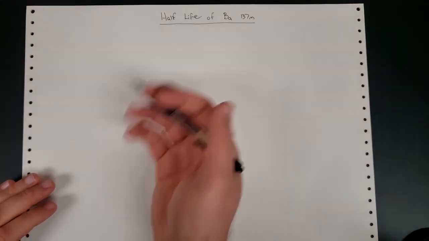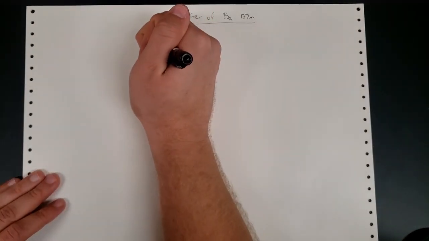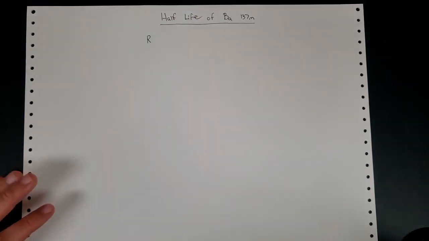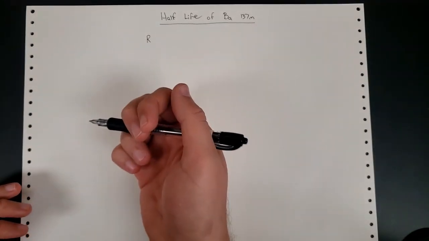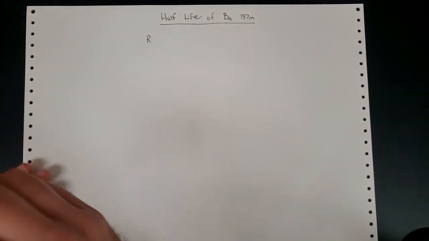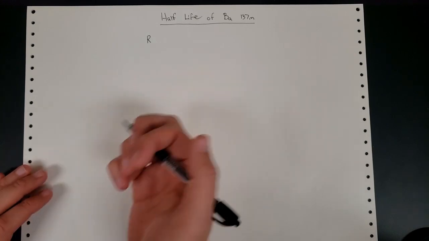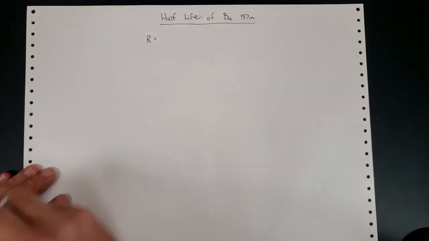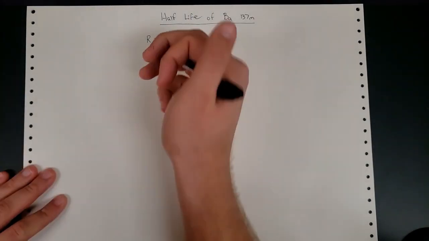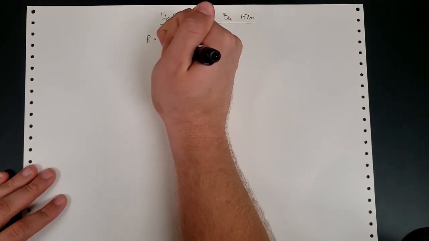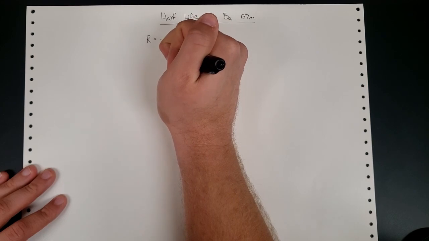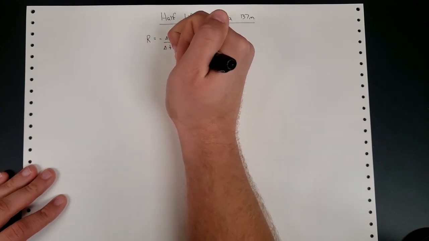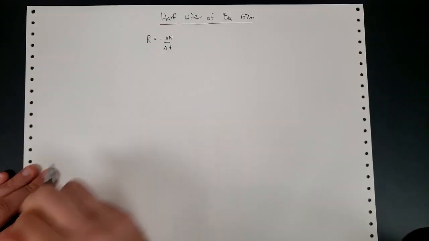Okay, and how this is derived is we have the rate of change, we'll just call it R, of the number of parent particles within the sample, and this is obviously going to decrease as the parent particles begin to decay into the daughter particles. So we can write this rate of decay of the parent particles as the negative, because it's decreasing, change in N over the change in t, the change in the number of parent particles over the change in time.